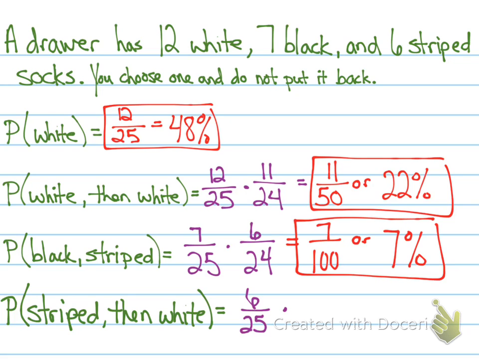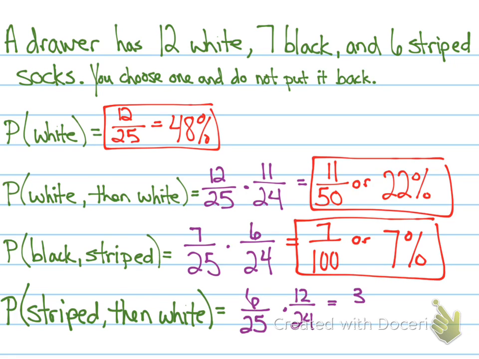And then since I select one and don't put it back, it's now 12/24. And when I multiply them together, what do I get? 3/25? Are you sure?